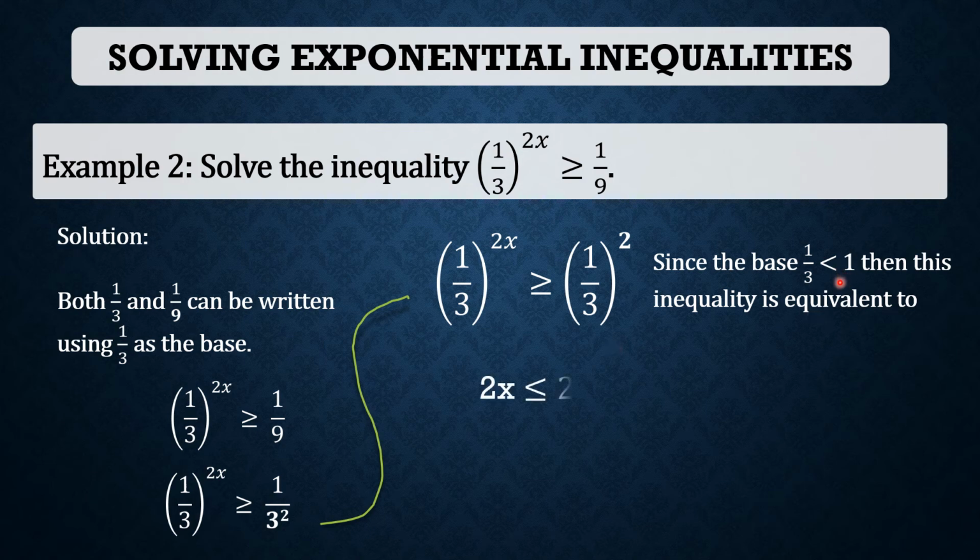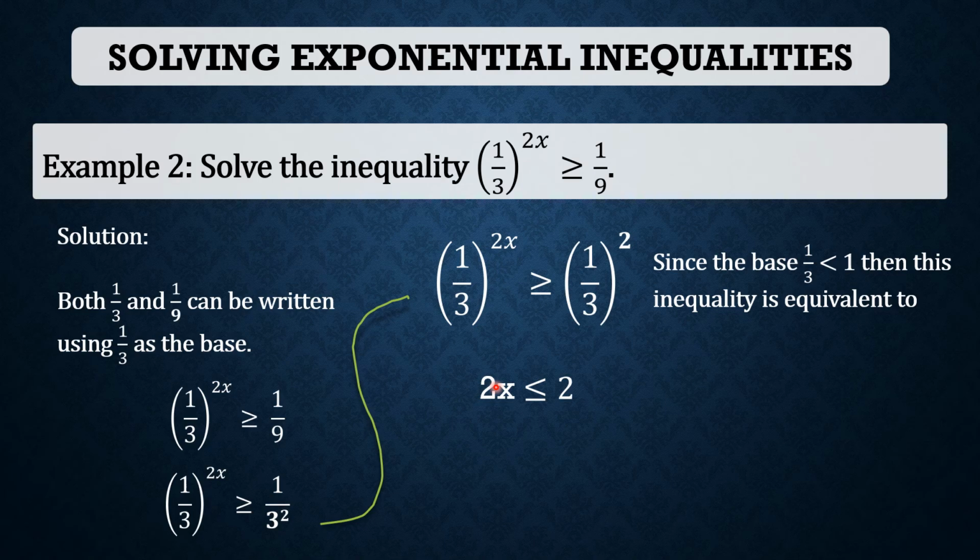And so, the inequality symbol should be reversed. Okay, so ang ginamit natin dito is greater than or equal to. So since the base is less than 1, the inequality symbol should be reversed. And so we have 2x is less than or equal to 2. Pansin nyo yung paggamit natin doon sa exponent, no? Parang katulad din siya kay exponential equation kung paano natin sinesolve.